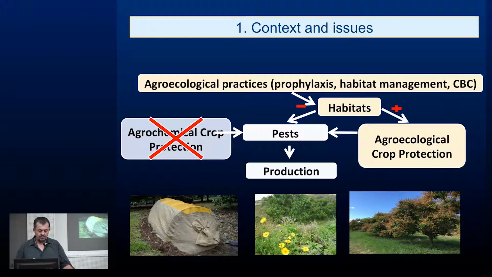And that was possible by designing and implementing some agricultural practices, such as the practices you know now: preventive measures, habitat manipulation, and conservation biological control.